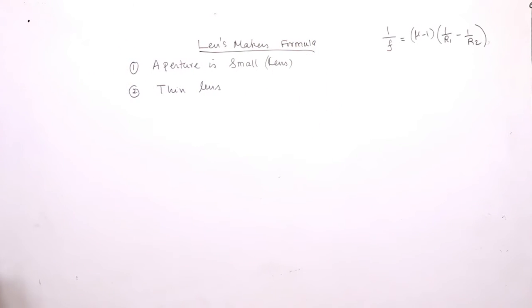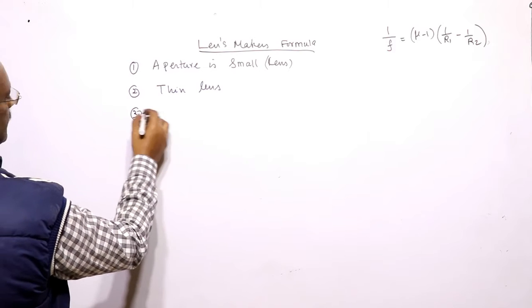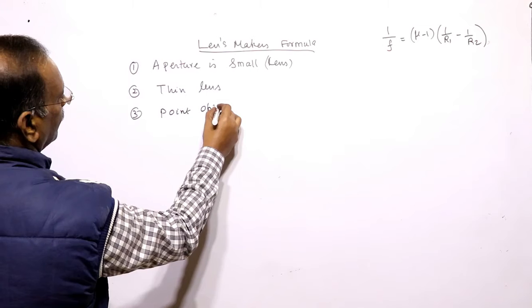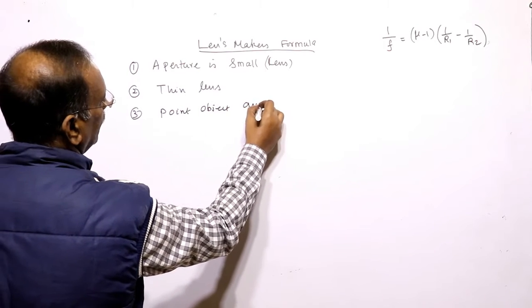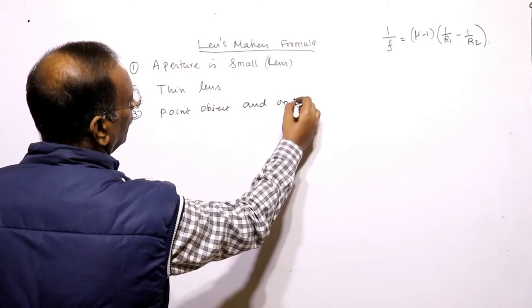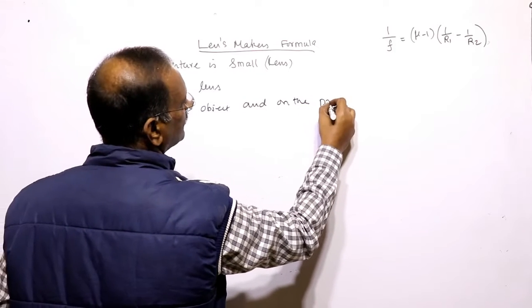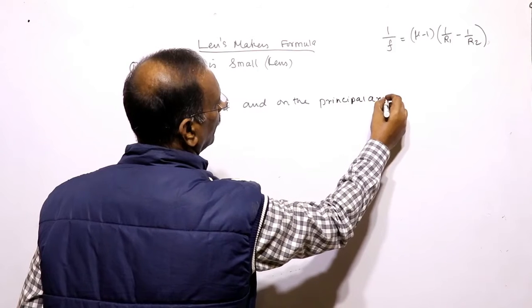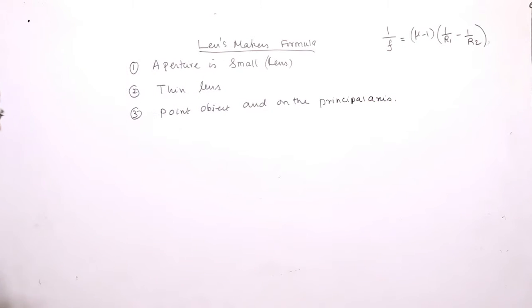Thin lens we are using, and the object is a point-size object, and the object lies on the principal axis.